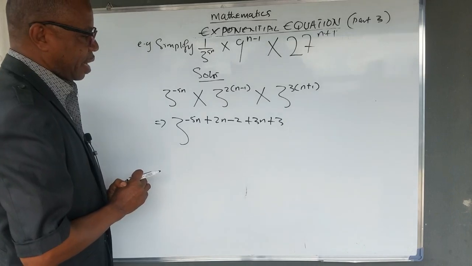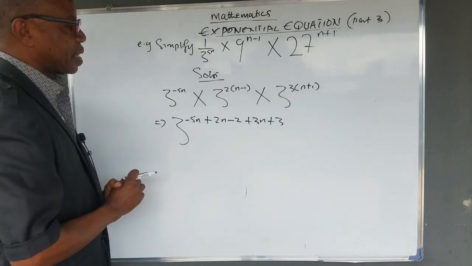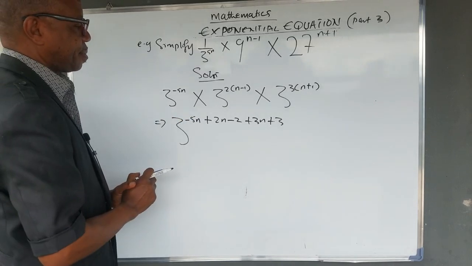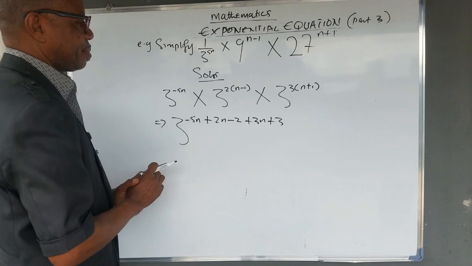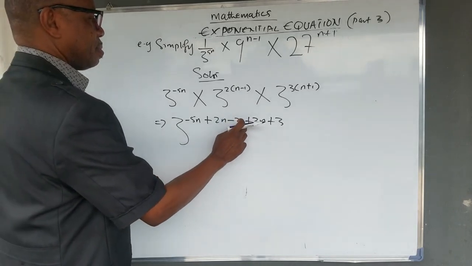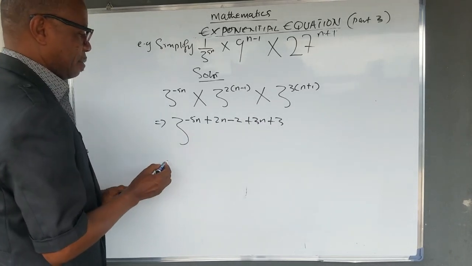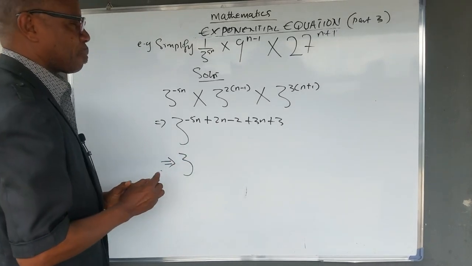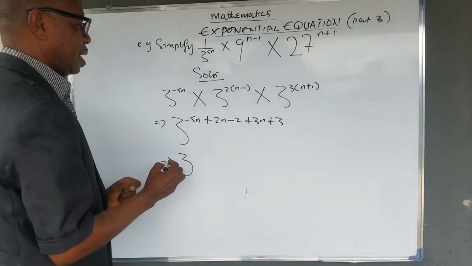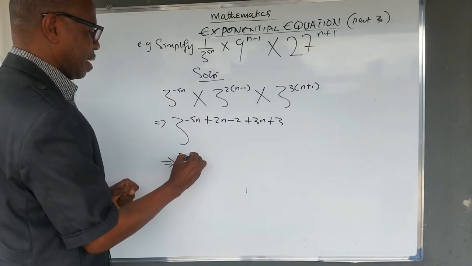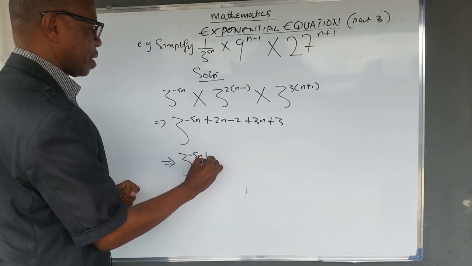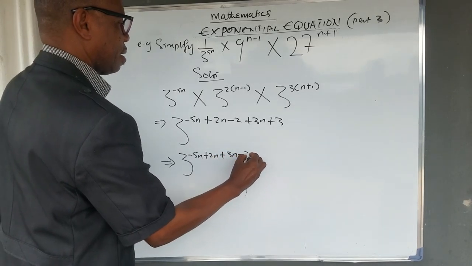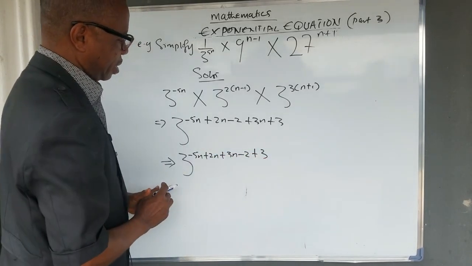Now, if you look at it very tactfully, you observe that minus 5n plus 2n plus 3n. For the benefit of average learners, like I keep saying, this platform is for everybody. Let me rearrange it so that you can get it clearer. Minus 5n plus 2n plus 3n minus 2 plus 3.